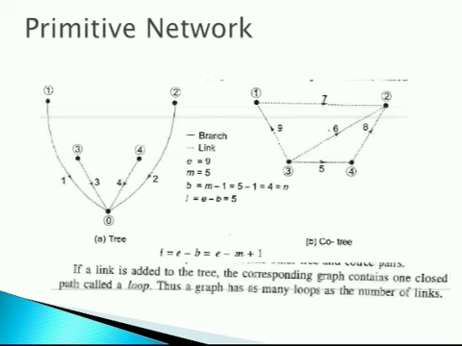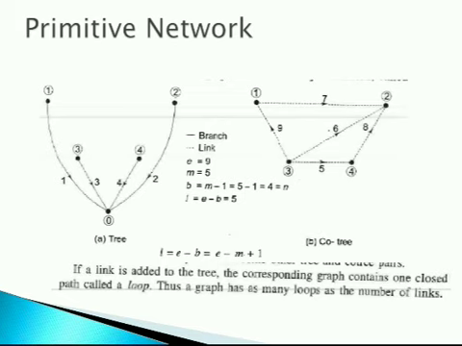These two branches are connected to nodes 1 and 3, which are connected to 0. Now if you add the co-tree element, the link 9, you will have a closed loop that flows from 0, 1, 3 and back to 0.